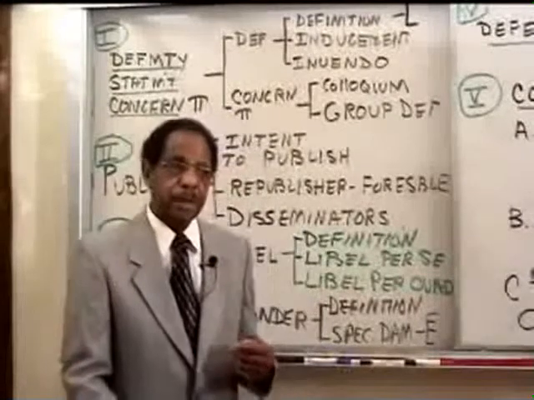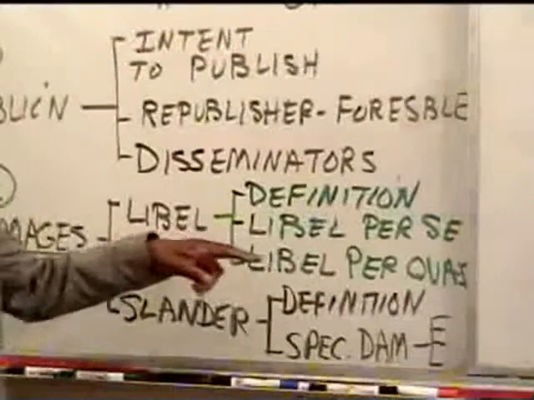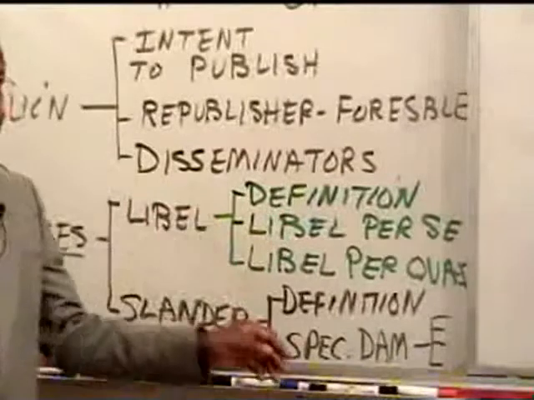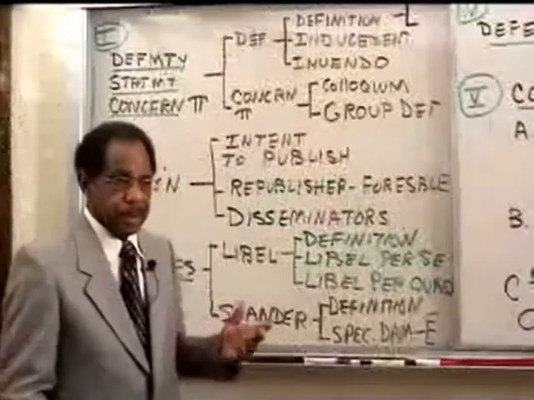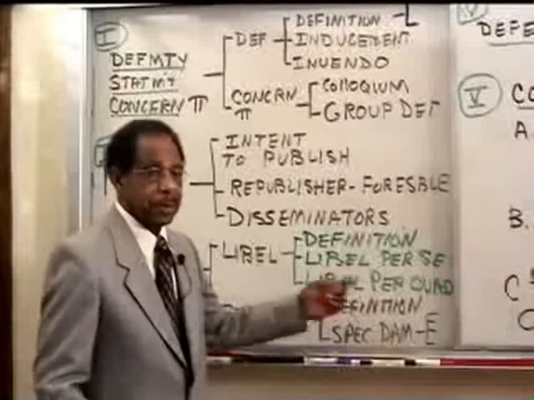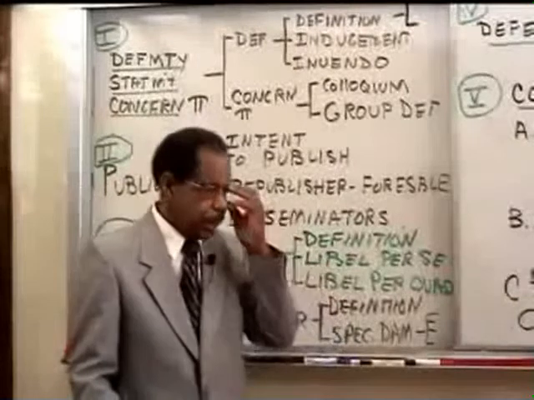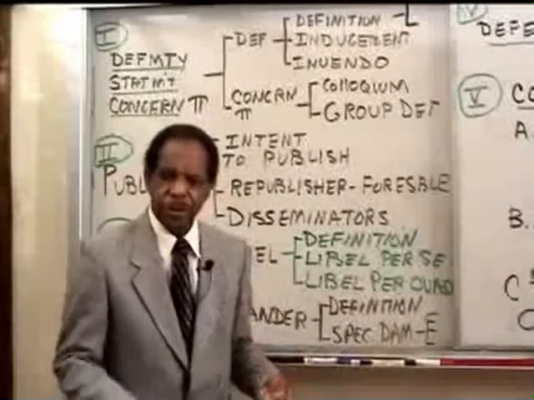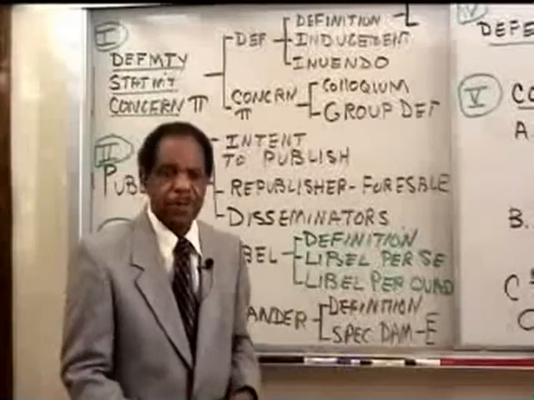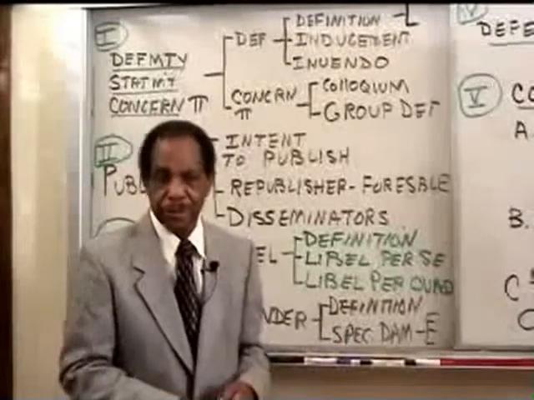In the case of libel, let's take the case when there is libel. If there is libel per se, or if you're in certain jurisdictions for libel per quod, there is a presumption of loss of reputation. And in those cases, you can recover for the loss of reputation even if there were no monetary damages associated with it.